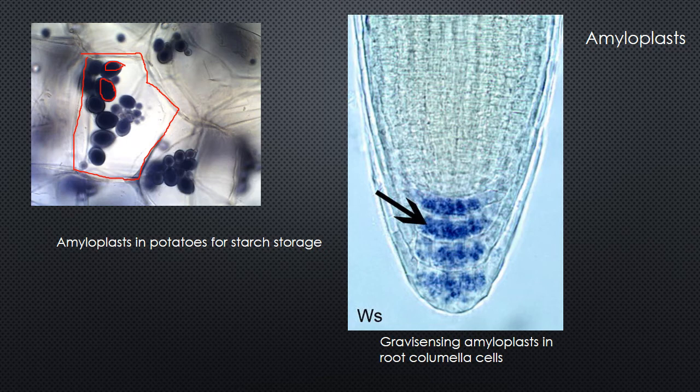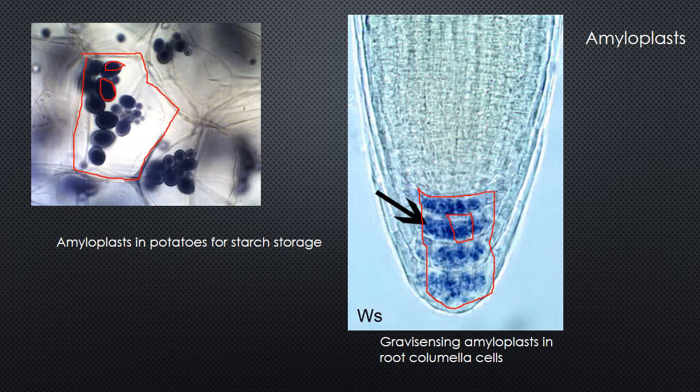The image on the right is a picture of a root tip. And so there are highly specialized cells at the bottom of a root, so right here, and they're called columella cells, and the reason they're called that is because they're columnar shaped, so like that, for instance. And they contain amyloplasts as well, which have that heavy starch grain, but they are used specifically to sense which way is down.